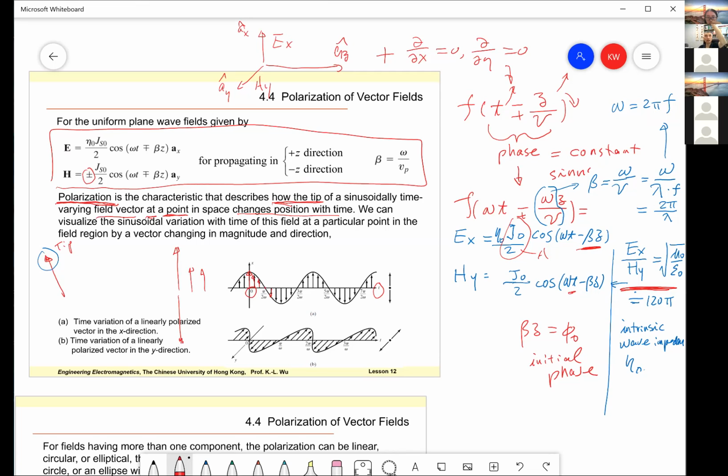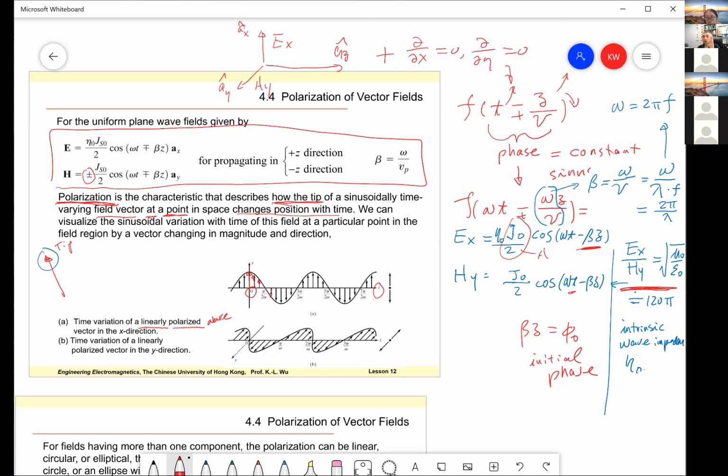Is it this direction or the opposite direction? We call such a wave a linearly polarized wave. This is a linearly polarized wave.